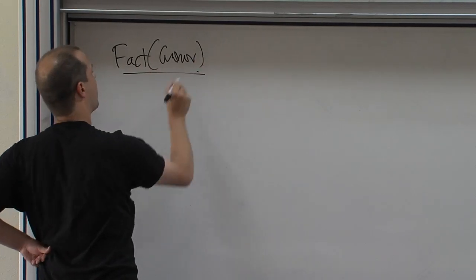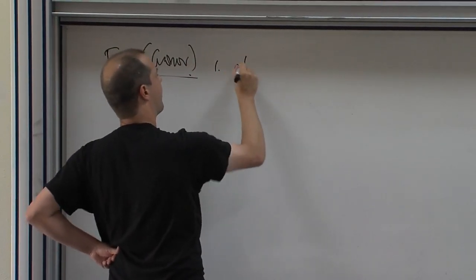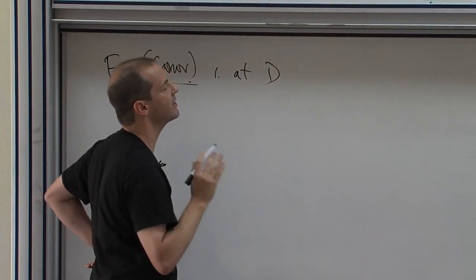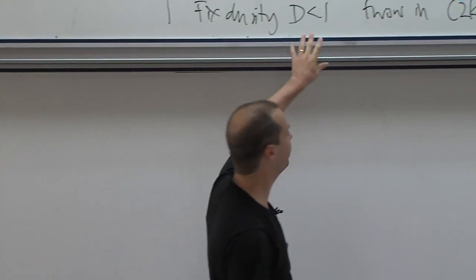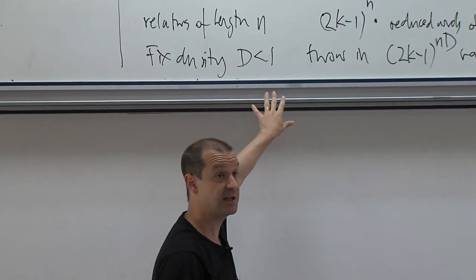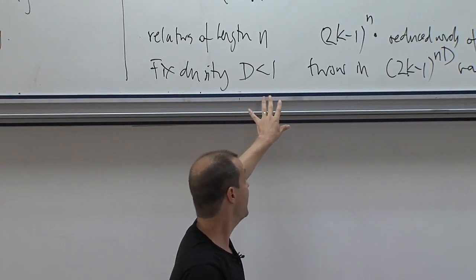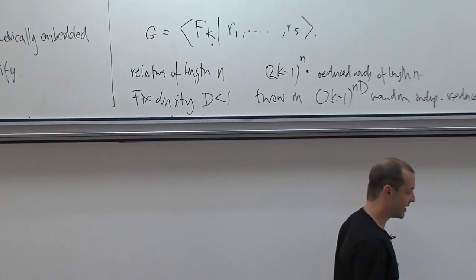Gromov showed at density... and I should say there are two parameters in the model. What one likes to do is fix a density d first, and then let n vary.